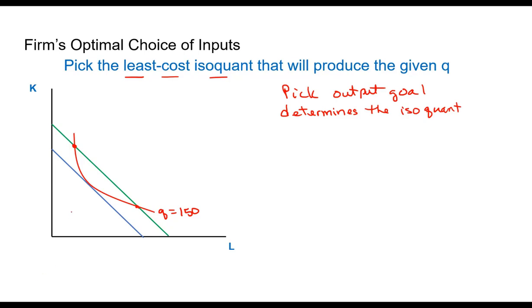But you'll notice that they could decrease the cost by shifting that isocost line inward and still be able to produce the 150 units of output. So the firm will attempt to decrease the cost to the bare minimum cost they have to spend to produce that fixed amount of output. That occurs right here, where the slope of the isoquant is just equal to the slope of the isocost line. This point will be the optimum.